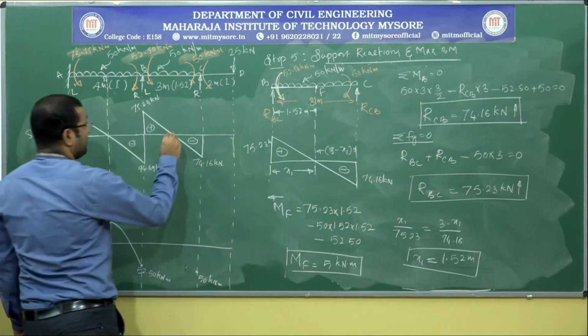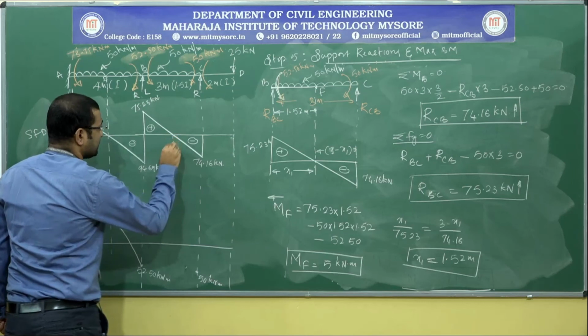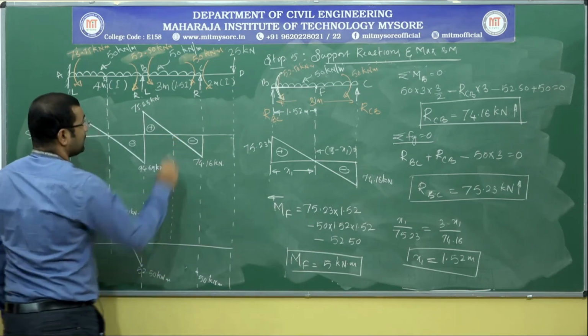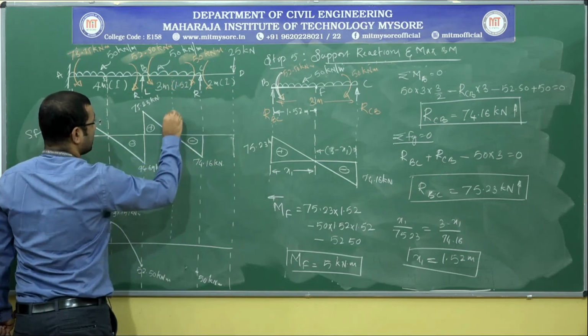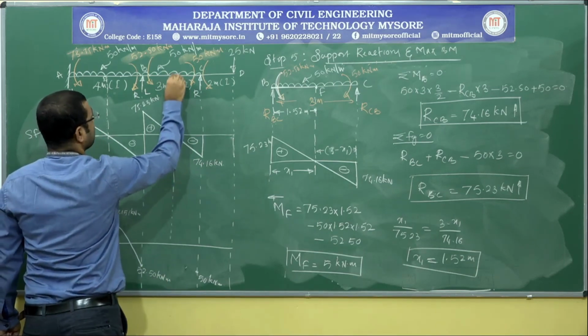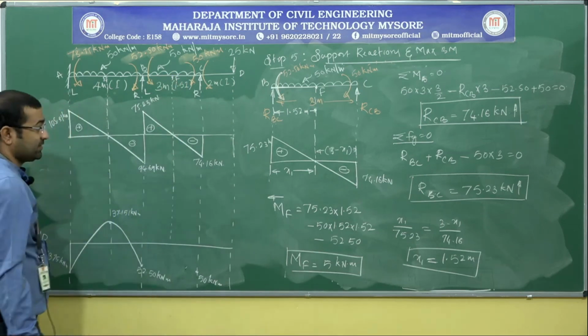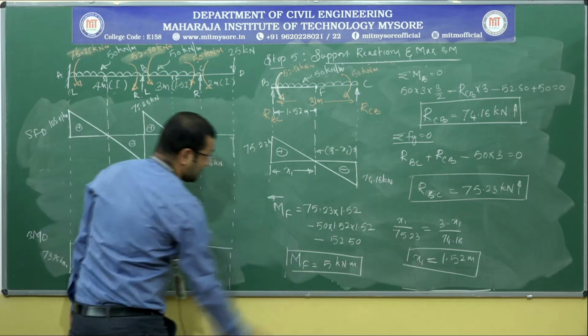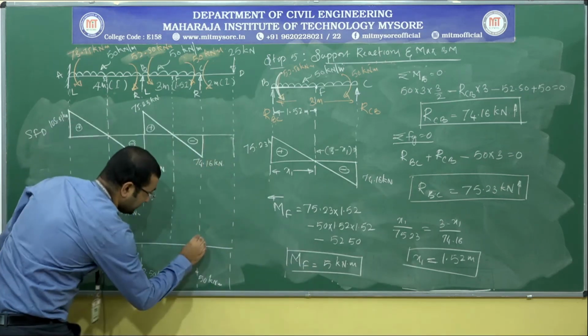Okay. So somewhere here we have the zero shear force. It means at this location the bending moment will be maximum. So as per our calculation, we have got it as just 5 kilonewton meter.